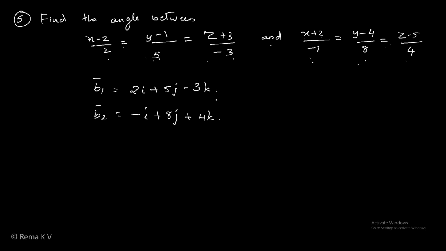Once you identify these parallel vectors, the same procedure applies: find b1 dot b2, then modulus of b1 and modulus of b2, then find the angle.